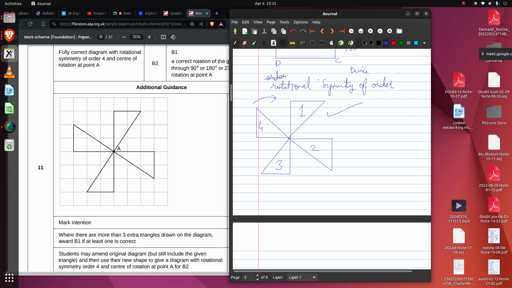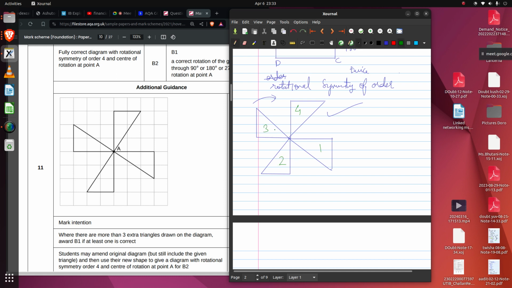So after you rotate that, this number should become what? The number 1. In place of number 1, can you write number 4? If you are doing clockwise, this will become number 4. This is 1, this is 2, this is 3. Do you agree?